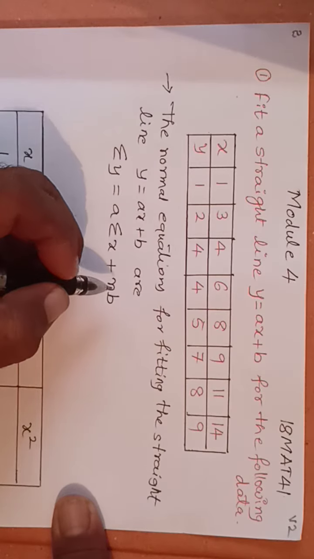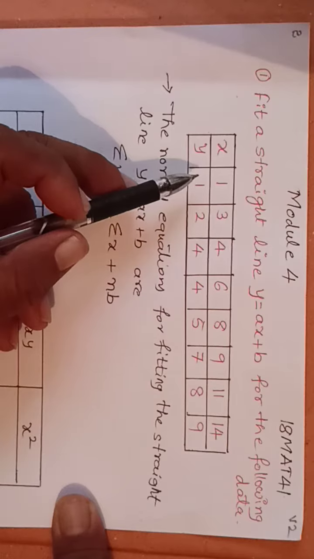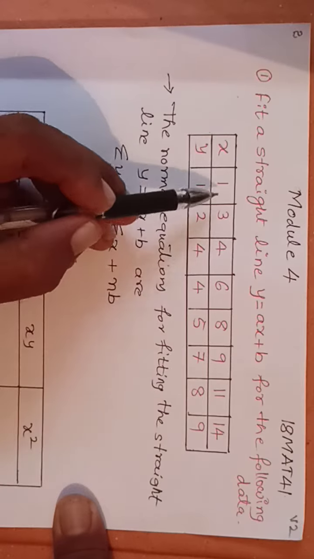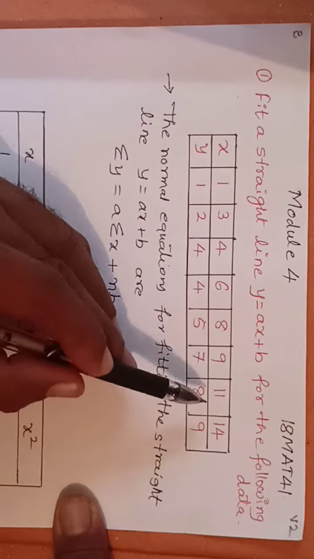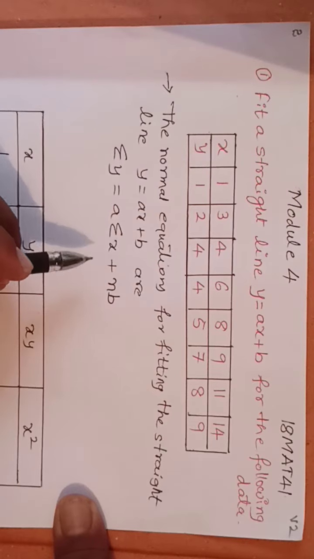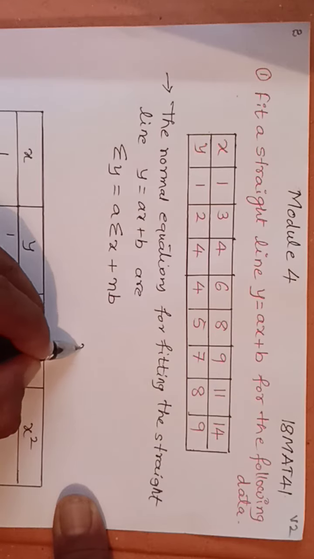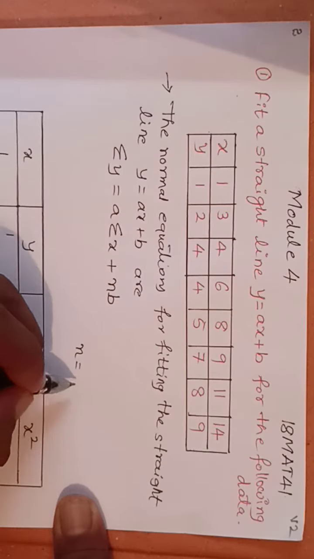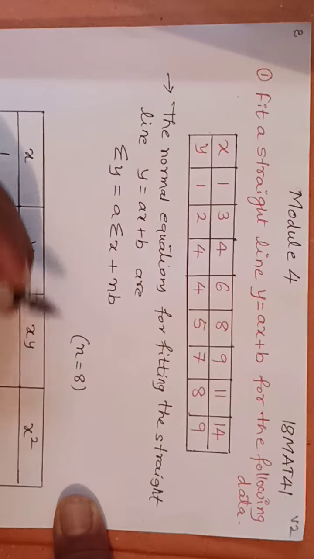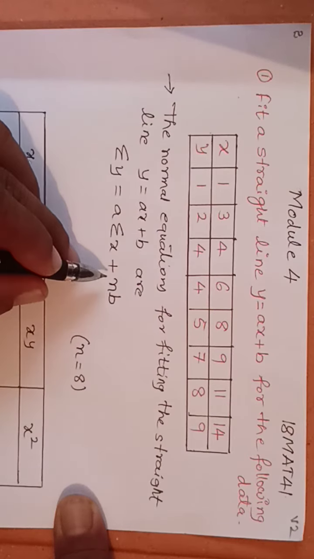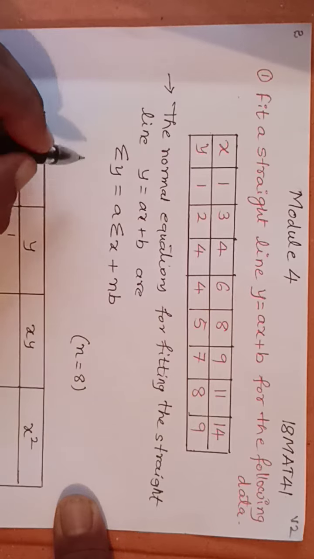So n is nothing but the number of x and y values. It is 1, 2, 3, 4, 5, 6, 7, 8. n is equal to 8. So I will write here n is equal to 8. Next we multiply this equation by x.